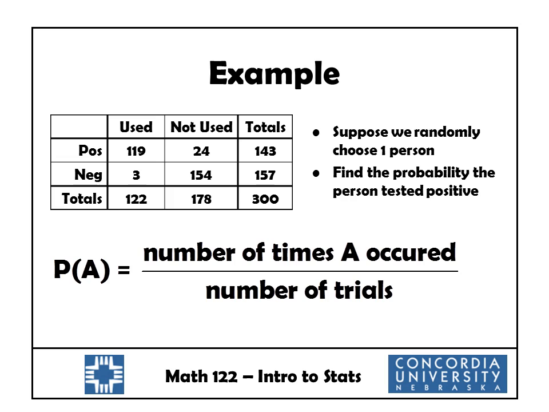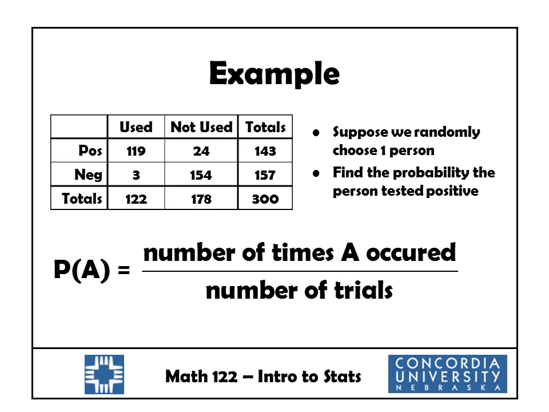So let's consider the procedure of randomly choosing one person from this total of 300. Find the probability that the person tested positive. Well, using Rule 1 that we saw in Section 4.2 to calculate the probability of this event, we take the number of times the event occurred divided by the total number of trials. Well, we have 300 total trials.